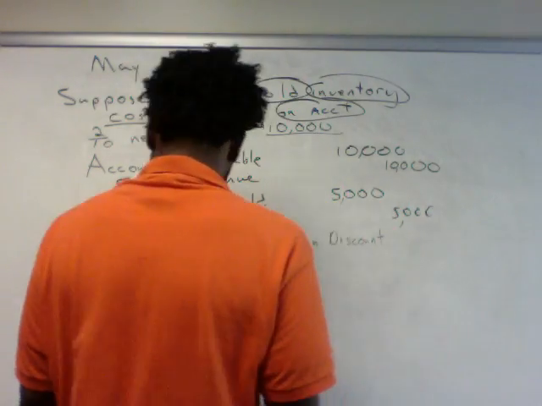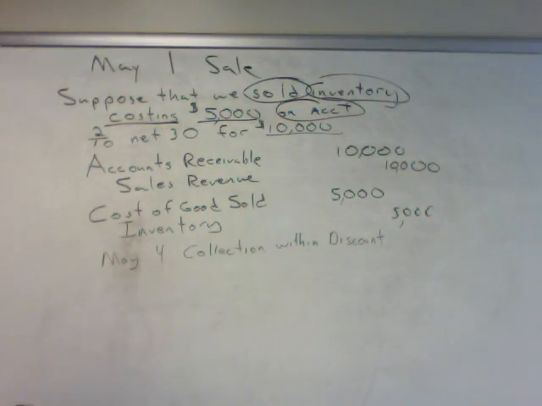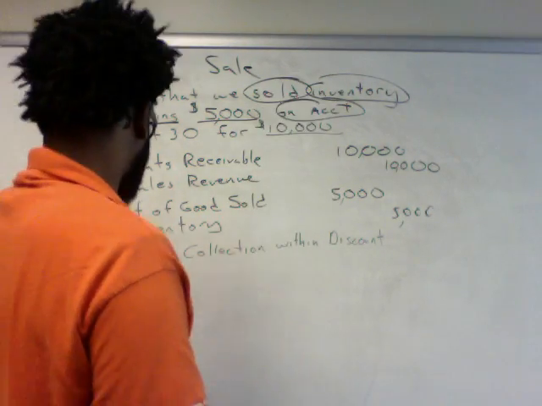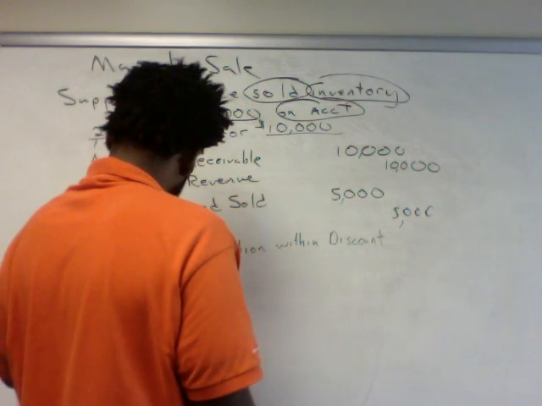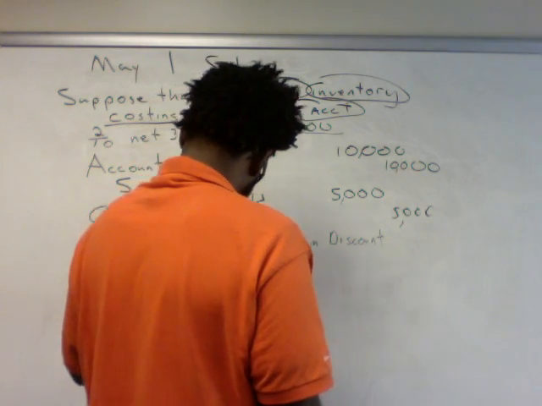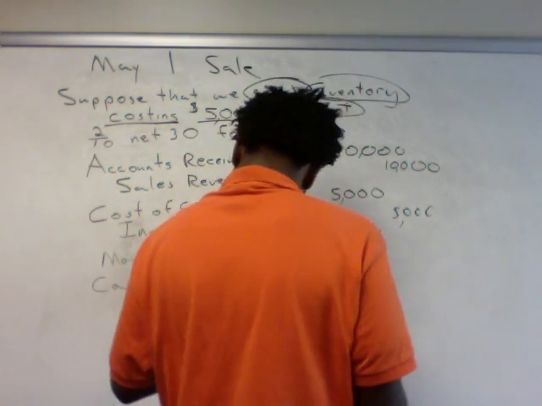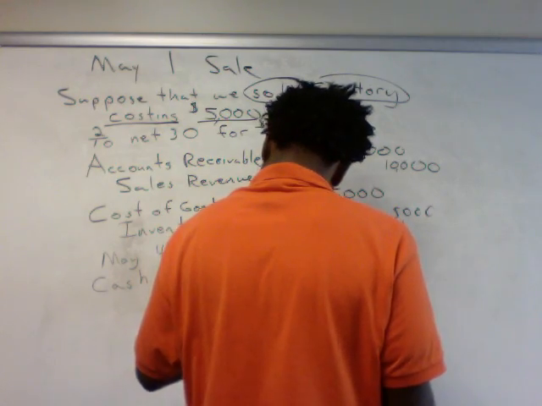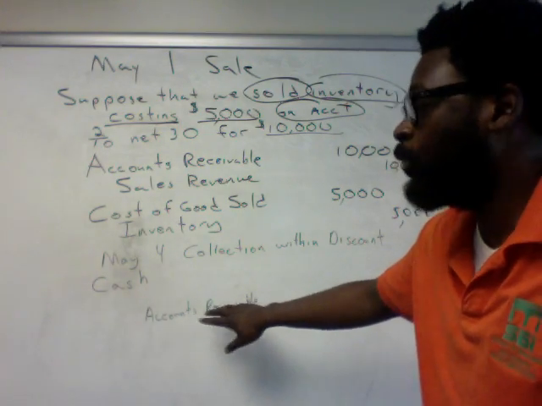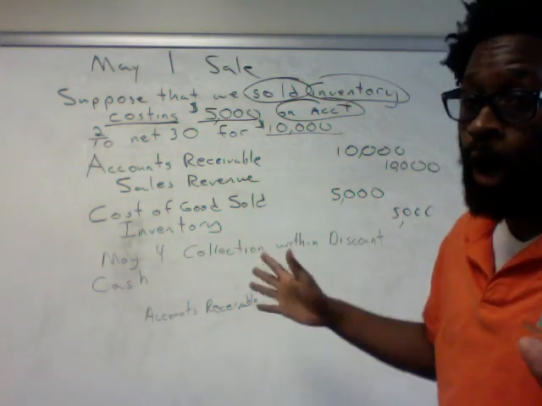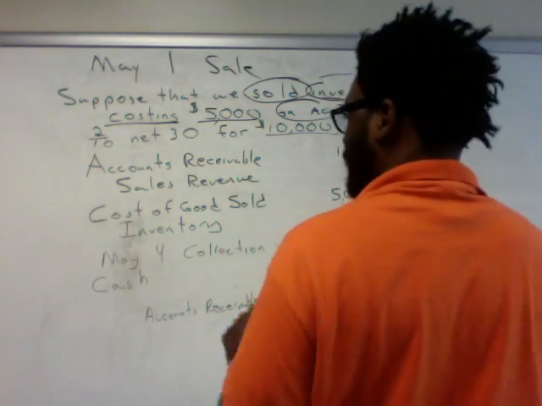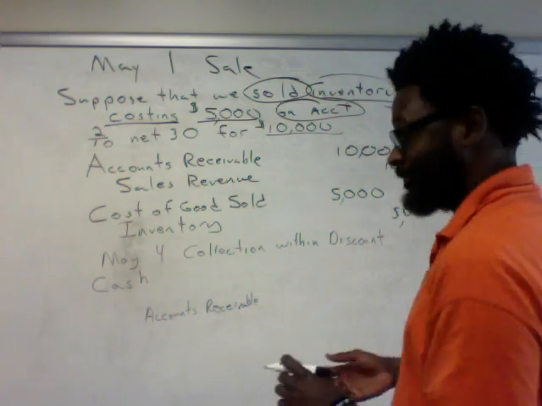So how are we going to do that? What's happening when we collect on an account? What's going on when you normally collect on an account? Your cash increases and your accounts receivable goes down. So let's record that. We're going to debit cash and we're going to credit accounts receivable because we collected on an account. Now, the same rule will apply for collecting with a discount or without a discount. Your accounts receivable credit will always be the full amount. So let's assume that I forgot to give a description in this.